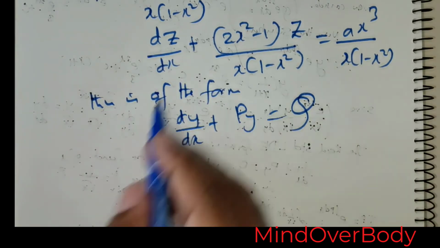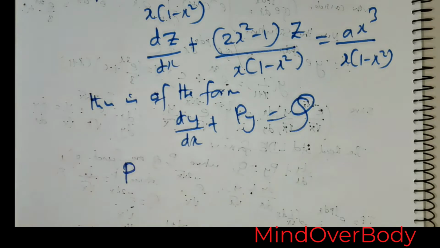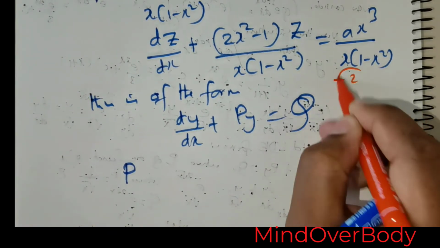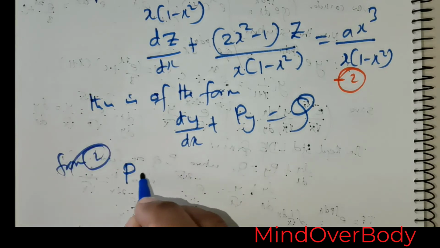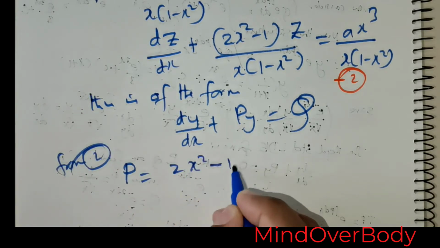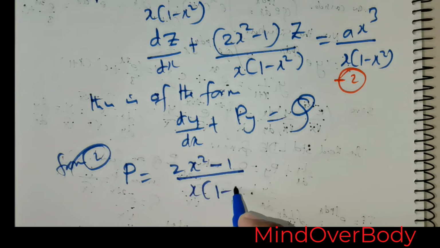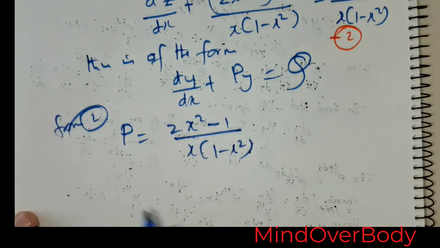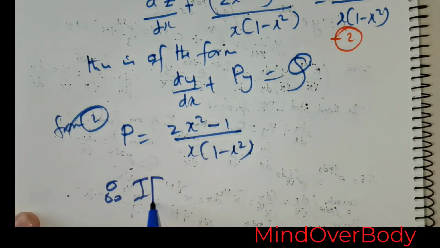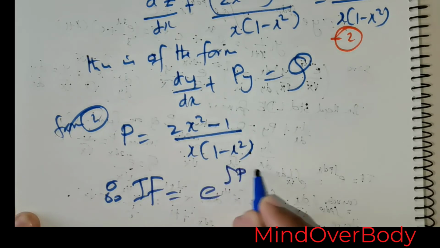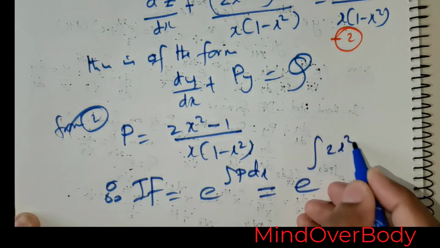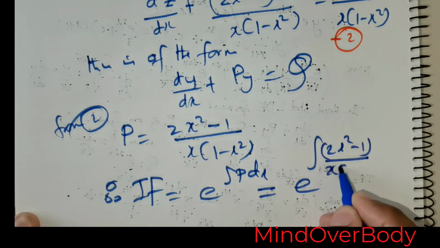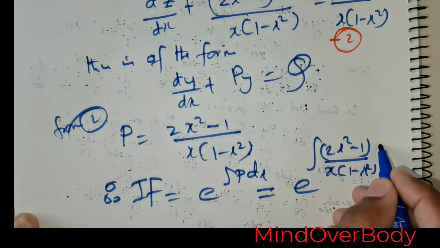Clearly, my p is (2x² − 1) divided by x(1 − x²). So the integrating factor is e raised to the power of the integral of p dx, which is e raised to the integral of (2x² − 1) divided by x(1 − x²) dx.